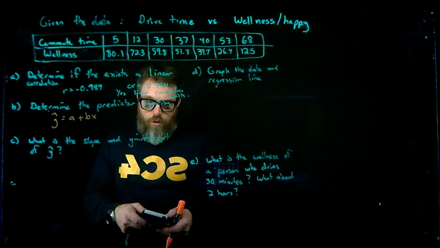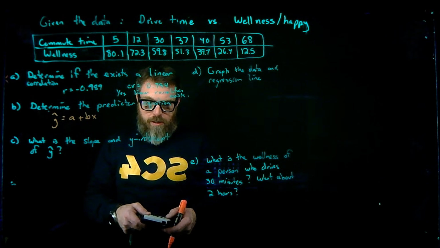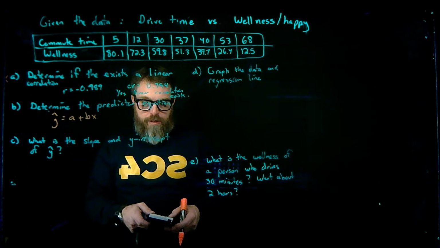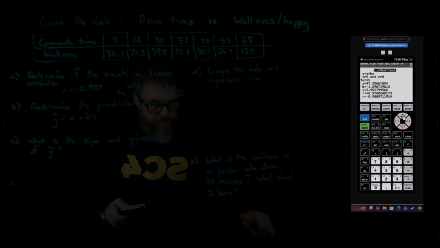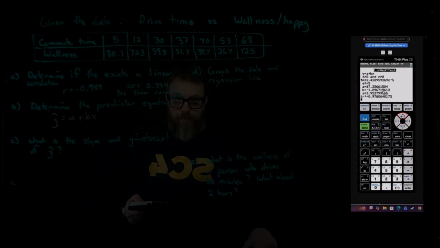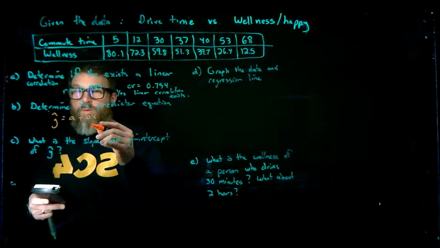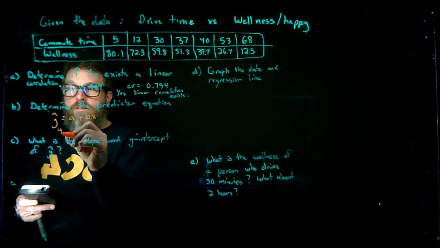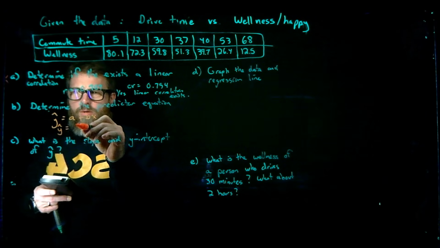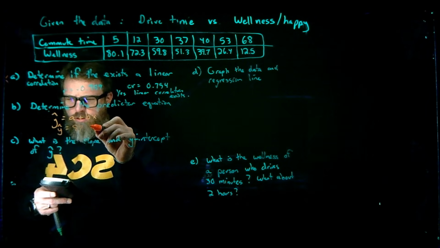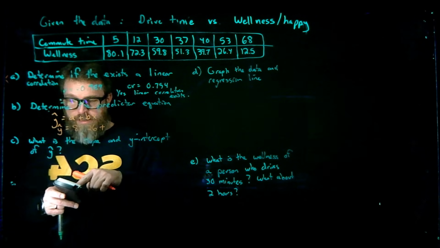If we go back to our calculator, when we went to linear regression t-test, if we tab this down, we can actually see there is an a and a b. So we get y hat is equal to, I'm going to use a couple decimal places, a is 87.26, and then plus b, well, b is negative.